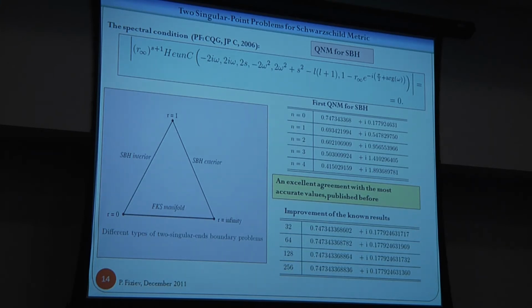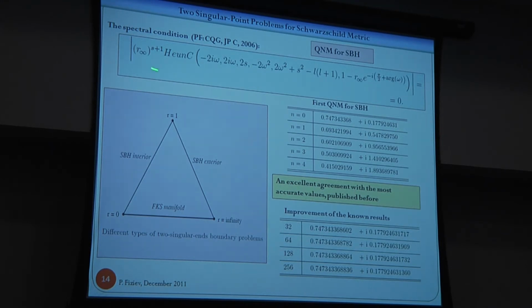Some results, not very fresh: in 2006, I considered the standard boundary problem for black holes, and not only for black holes, using the exact solutions and putting the standard boundary conditions on the exact solutions.